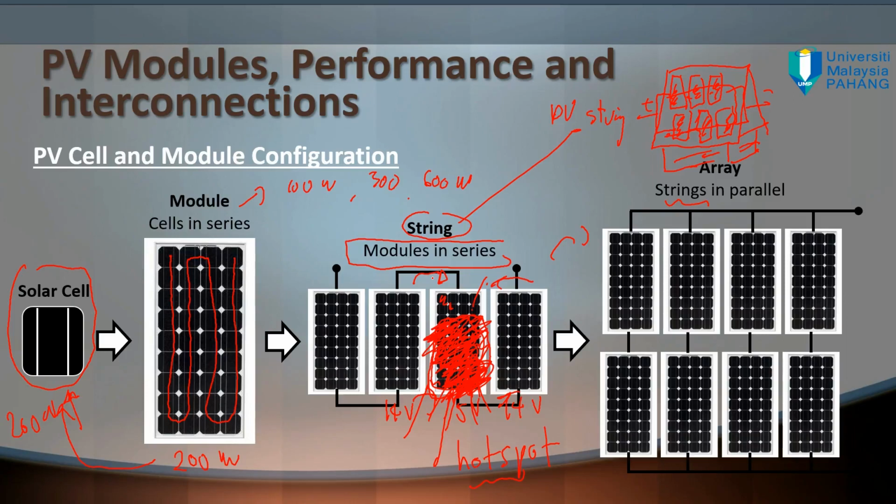That's more or less it. That's why we try to, that's the importance of cleaning the modules, periodical cleaning of the modules. There will be a cleaner who cleans the modules.